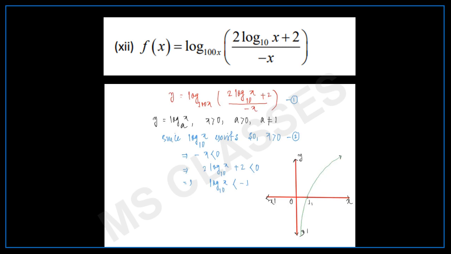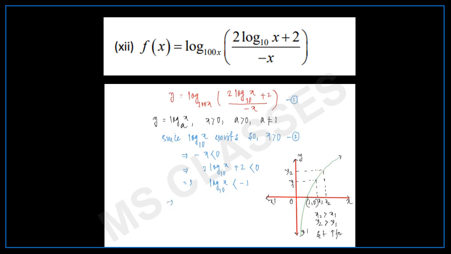Strictly increasing function means the inequality does not change. If we have two values, x1 and x2, when x2 is greater than x1, then y2 is greater than y1, so strictly increasing function.